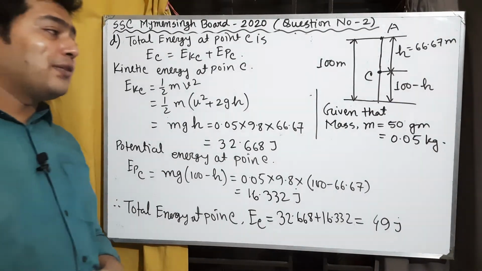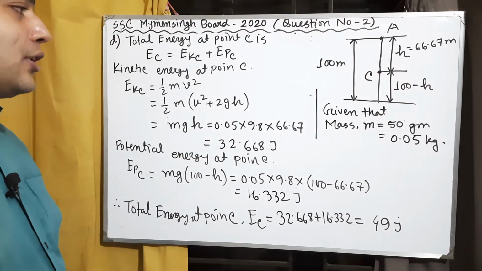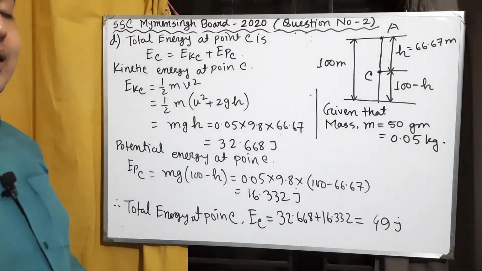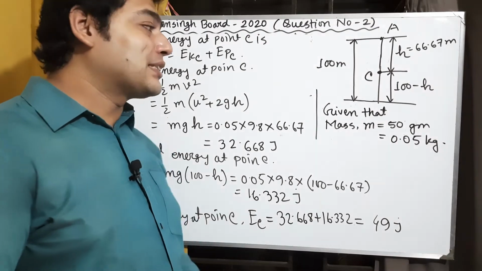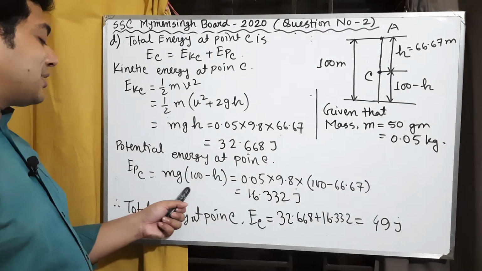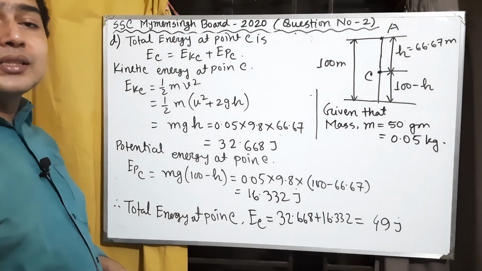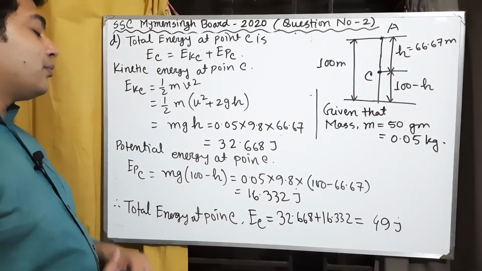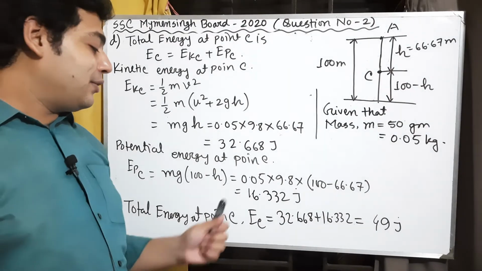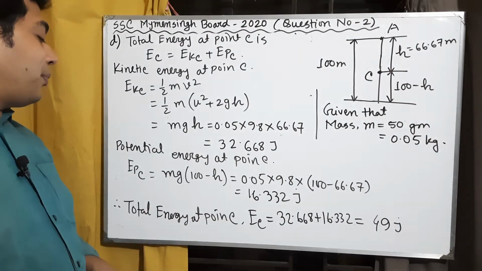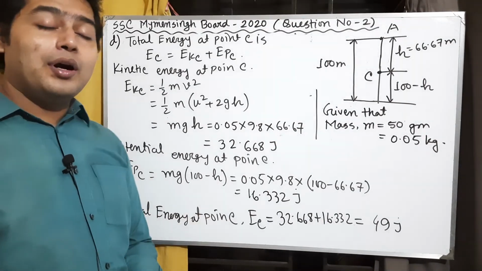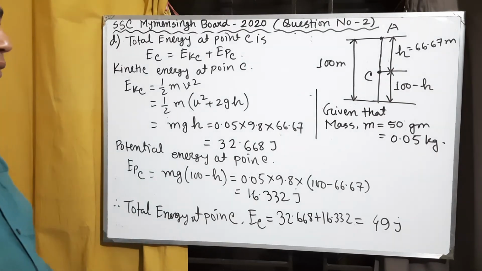The potential energy at point C is EPC equals mg times the height from the ground. The height of point C from the ground is 100 minus h, so EPC equals mg into (100 minus h). Putting in the values and calculating, we get the potential energy at point C as 16.332 joules.